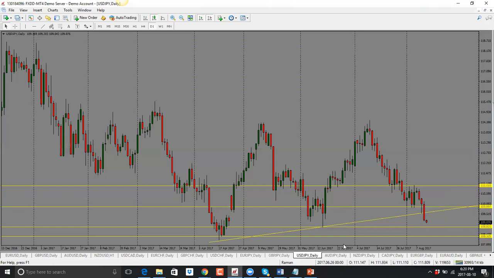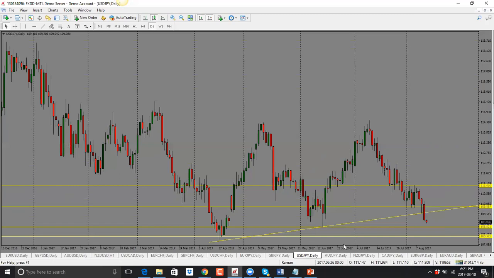North Korea is testing their missiles, and we are also hearing they tested a missile that can go as far as the United States, and President Trump has been on Twitter responding to the threats and all that kind of stuff. So it's causing risk aversion in the market, and people want to be in the safe haven currencies. Swiss franc and Japanese yen are both safe haven currencies, and that's why they're going up.